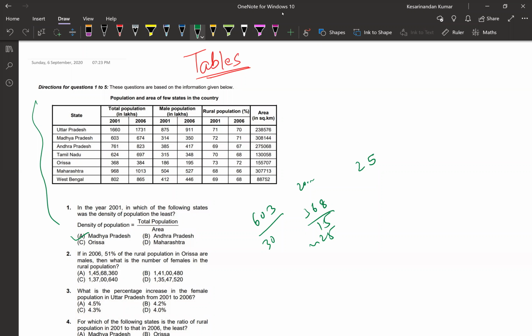But if at all you give, trust me, you will have data intensive tables, and people generally are very slow in the calculation part and they lose a lot of time. In XAT and CAT, trust me, such questions won't come at all. Like for the last 20 years or so, such questions have stopped coming. But for other exams, they still come. For CAT, the question won't be so easy.